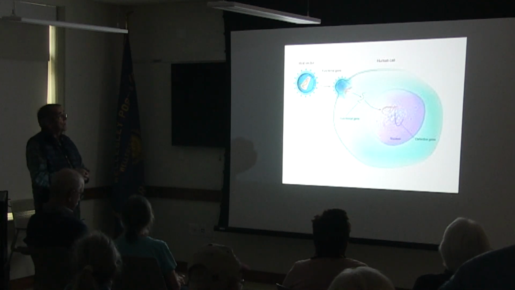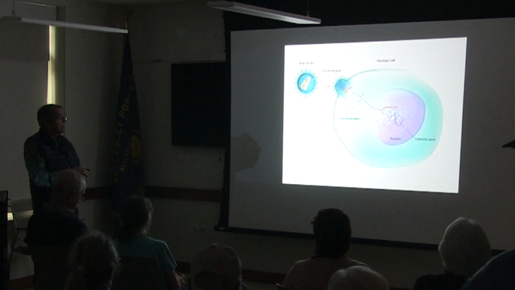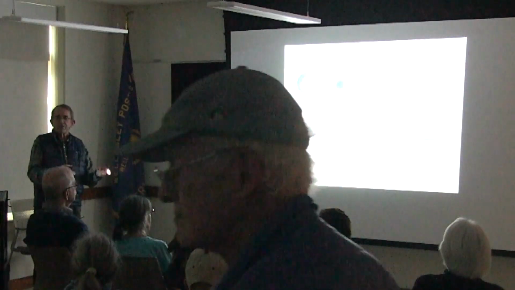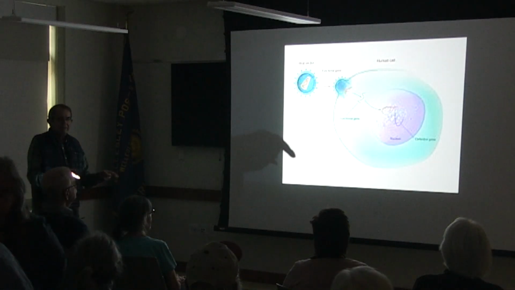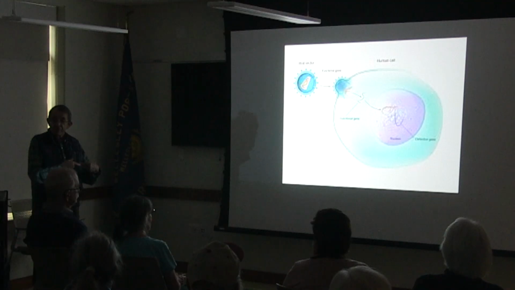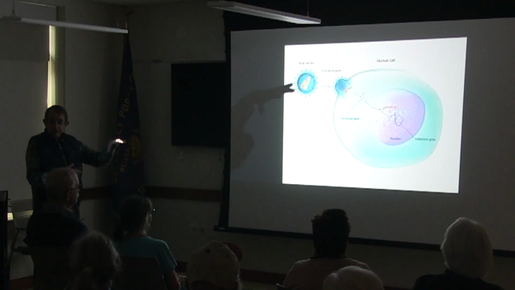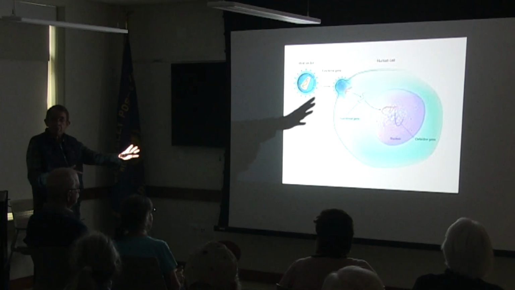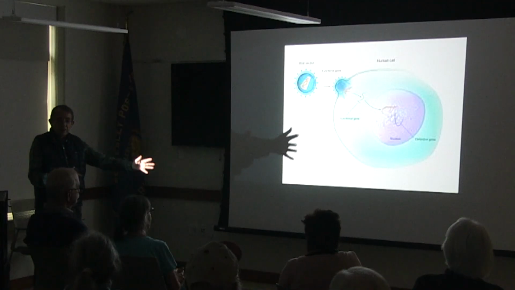So what you do is you take an adenovirus, which is actually a harmful virus, but you destroy the genes that make it harmful. You insert the gene that you have engineered into the virus. The virus attaches to your cell, injects that DNA, and you hope it's incorporated into the nucleus.